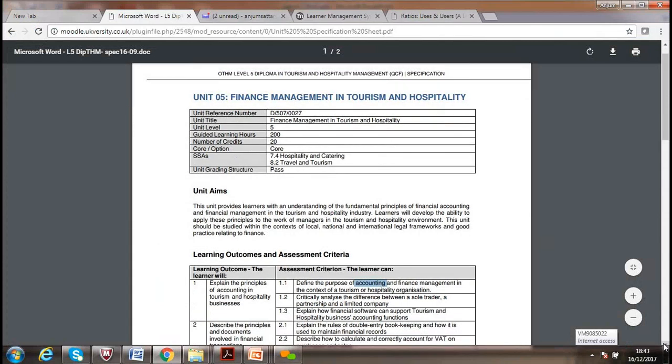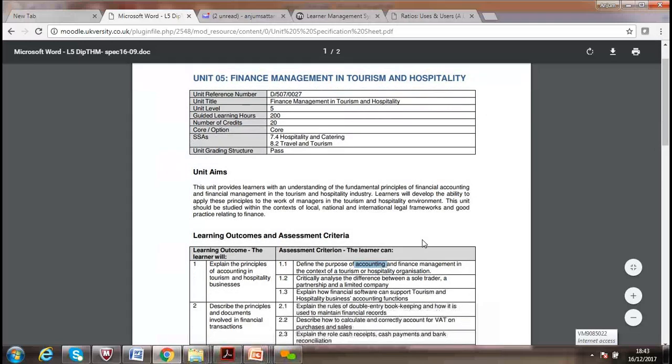Accounting means recording business transactions systematically, and financial management within our organization is about the source of finance, where we will invest money and how much we will invest. We can also discuss payrolls and things. That defines the purpose of it.